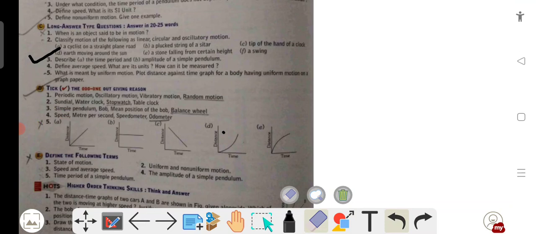But in the universe, nothing is at absolute rest or in absolute motion. Any object said to be in the state of rest or motion is relative to a fixed point.